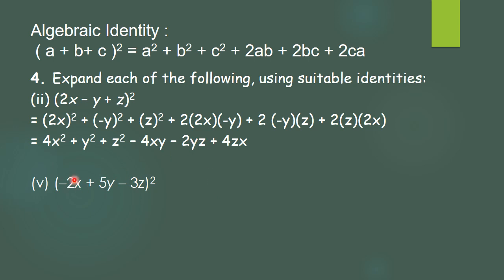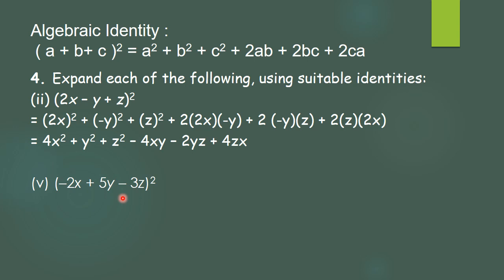Now here what happened? There is a negative: (-2x + 5y - 3z) the whole square. As there are negatives, here what we'll assume? Our value of a will be minus 2x, b is 5y, and c will be considered as minus 3z.